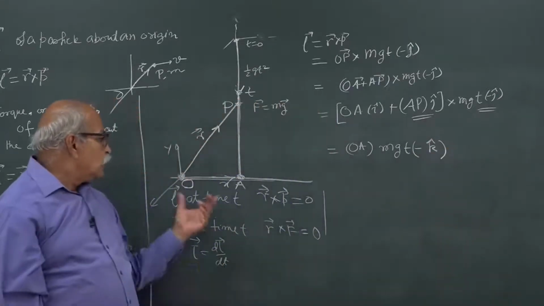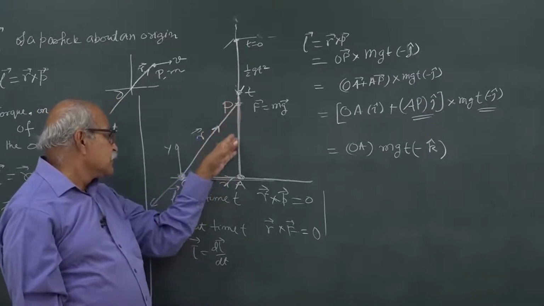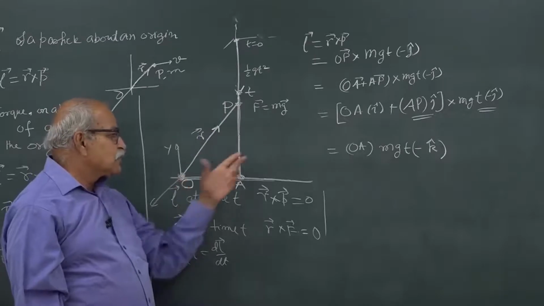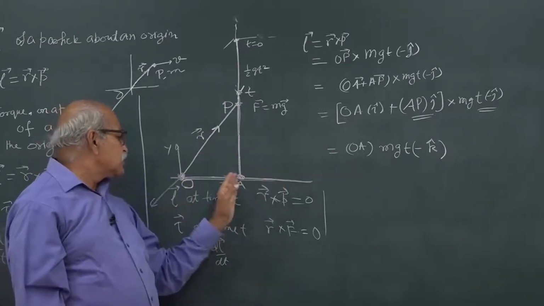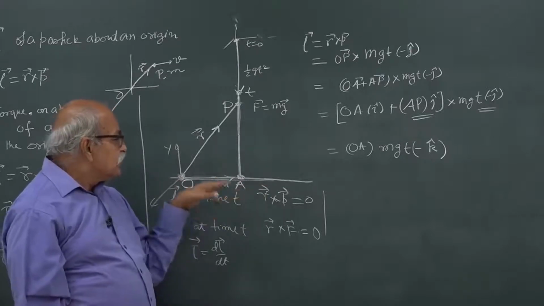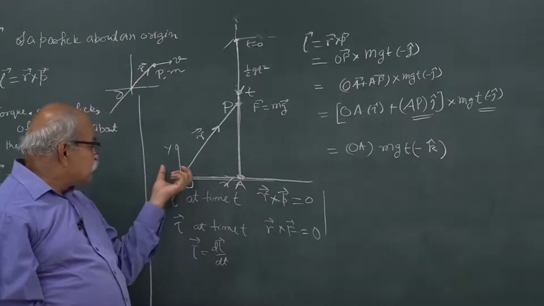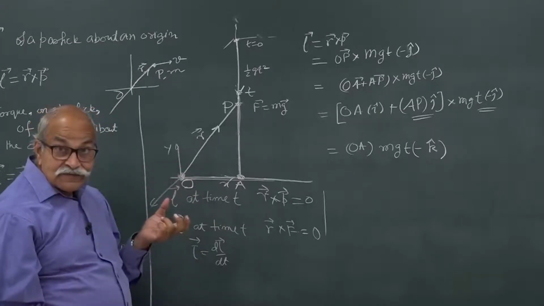All right, OA is fixed. The particle falls like this. So, all the time OA is fixed. So, OA has a magnitude, depends where you have chosen the origin, and then mgt in minus k cap direction, and k cap, remember, is now perpendicular to the blackboard.